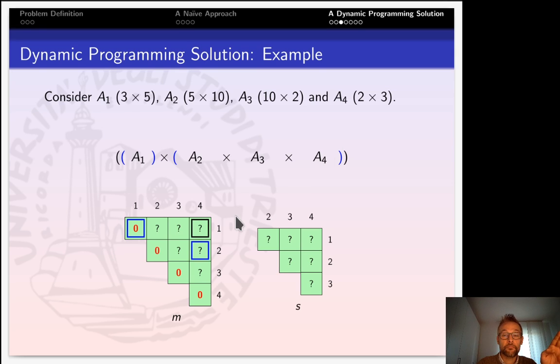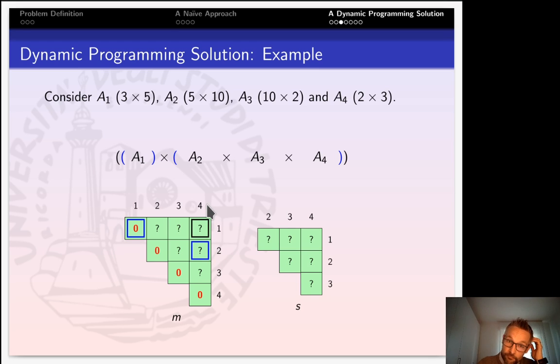Okay, and this second subchain corresponds to this cell, because this cell should contain the minimal number of scalar multiplications to compute the submatrices going from 2 up to 4.